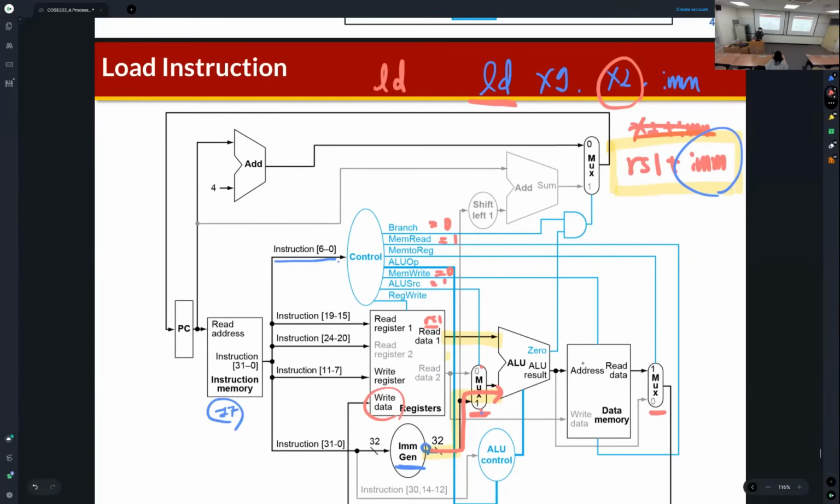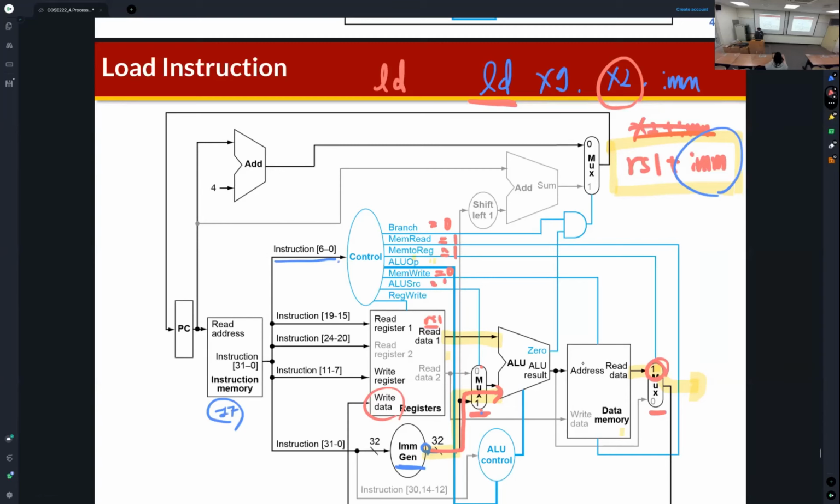For the load instruction, the data from data memory is written back to the register file. So the output of the data memory needs to be connected to the output of this multiplexer. So you can find that this control signal is the mem to reg, which means this control signal becomes 1 for the load instruction, right?